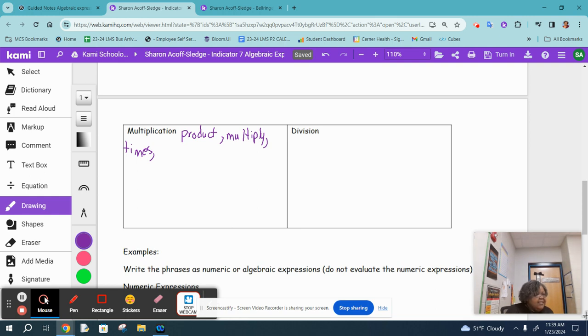Yes, Sasha? By. And it's funny you should say that because in Spanish, by is the word that they use for multiply. So if I say 3 times 4, it's going to be tres por cuatro. So they use the word by.